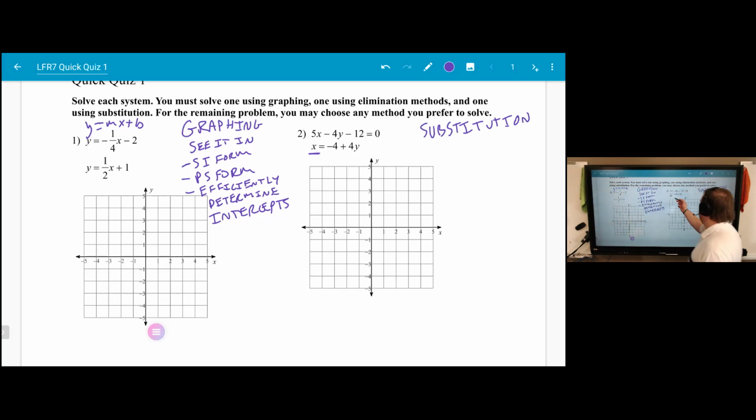That's already there, so I would go right to substitution. Anywhere I see x, I would instead put -4 plus 4y, in a set of parentheses, and distribute the 5, because the 5 is going to the entire x, not just the -4, but the -4 plus 4y. So that's how I would come up with substitution.